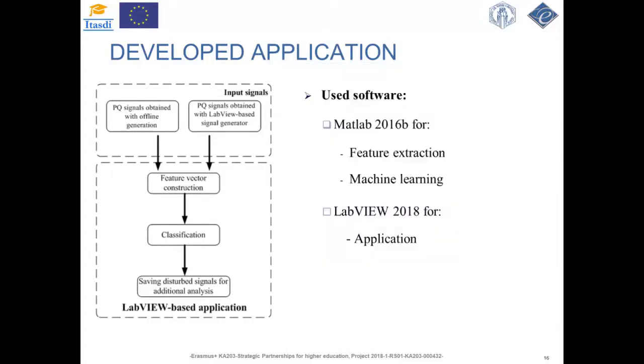The software that is used for the development of this application is MATLAB, where the feature extraction and the machine learning or the classification is implemented, and of course LabVIEW for the whole development of the application.